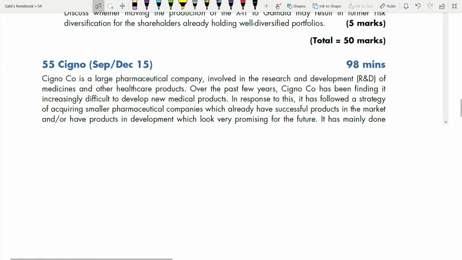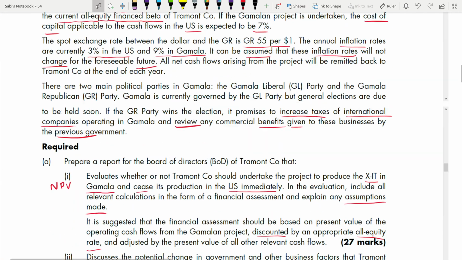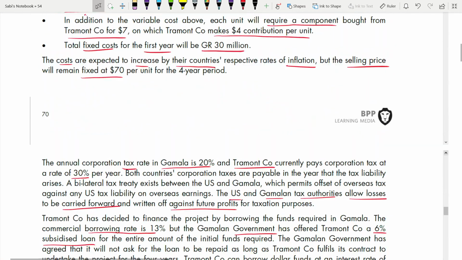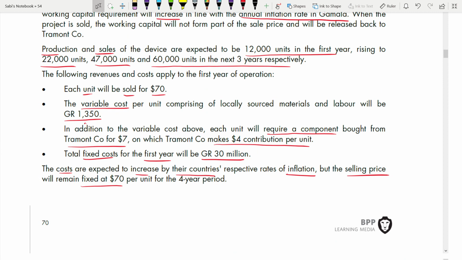So let us read this again. Which they make a $4 contribution per unit.